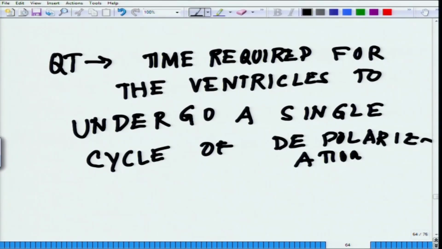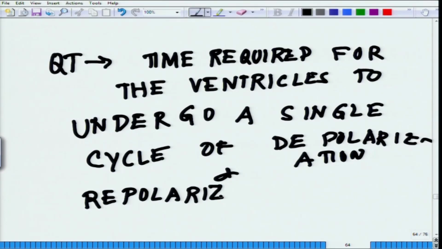Okay. This is what the QT interval is all about.